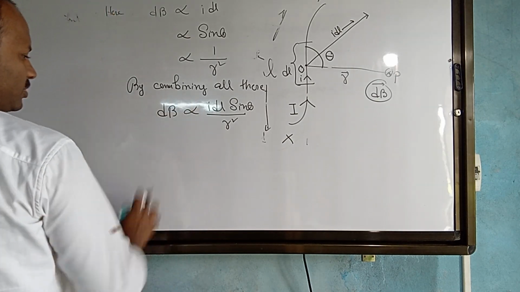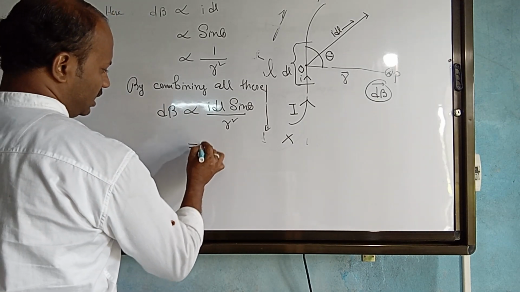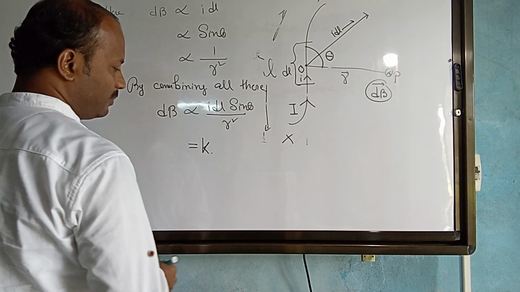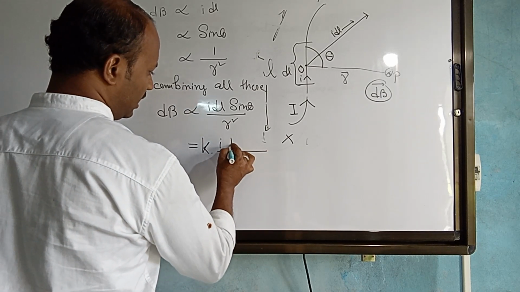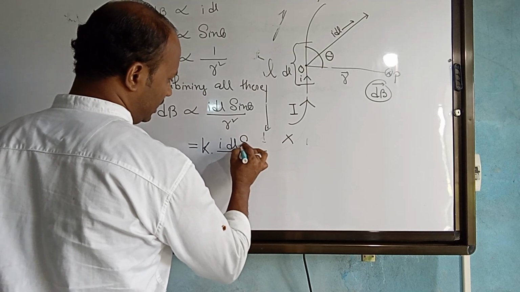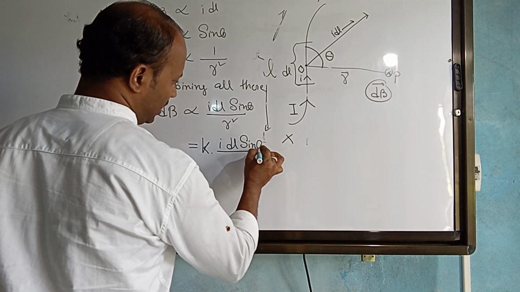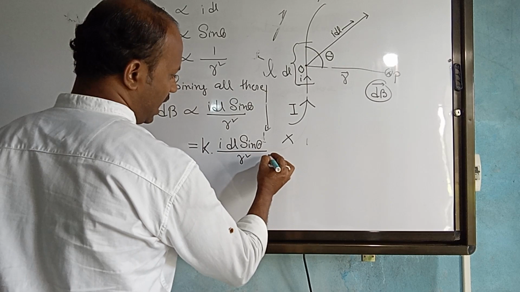There is a proportional sign. If we remove this proportional sign, then a constant k comes in: k into I dl sin theta by r square.